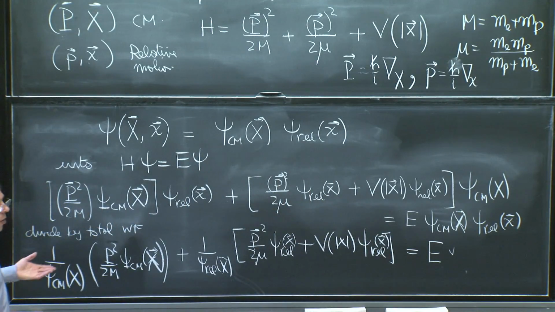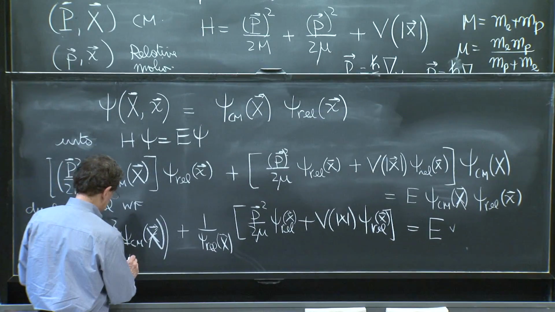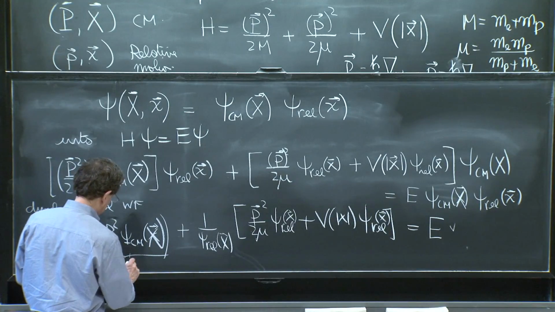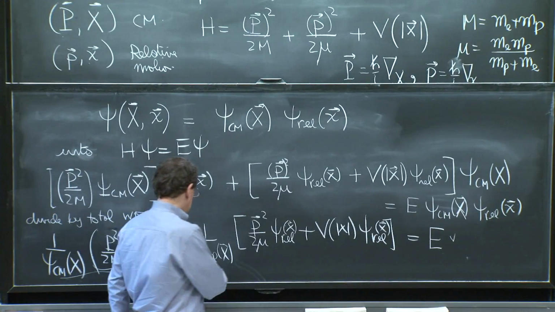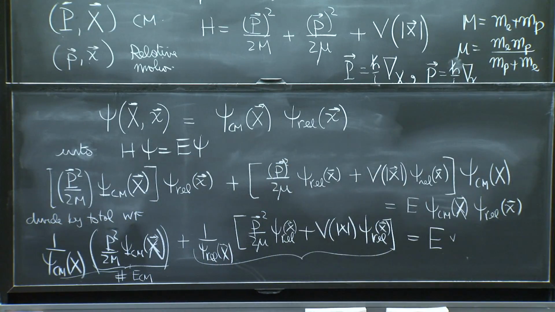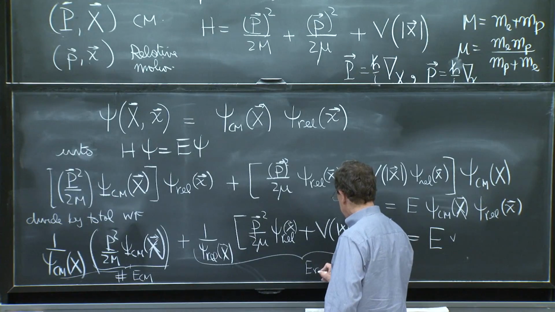And therefore, the only way these two things can always be true is if the first term is a number, and we'll call it ECM. The whole thing must be a number. And the second term should be another number, and I'll call it E relative.